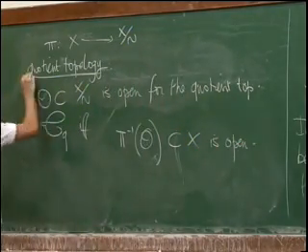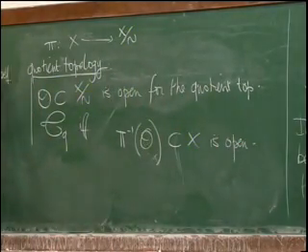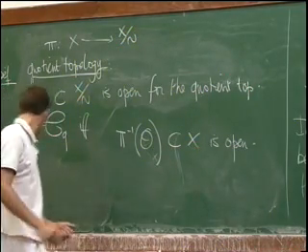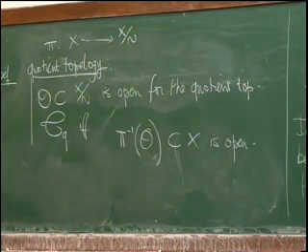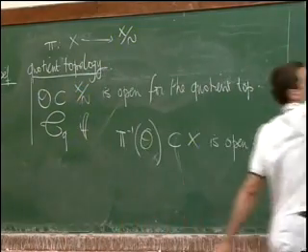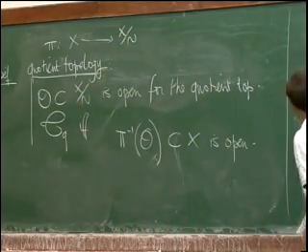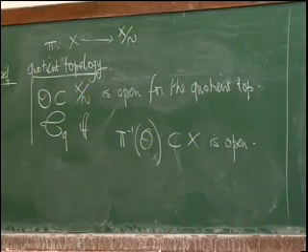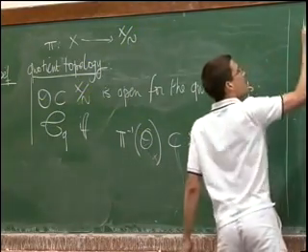Okay, this is the definition. And you've got the universal property that totally characterizes this quotient topology, and which is why we introduced this topology. So, universal property.